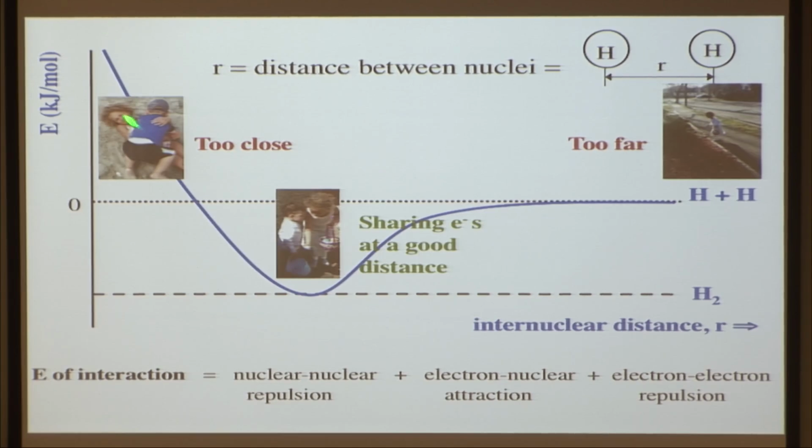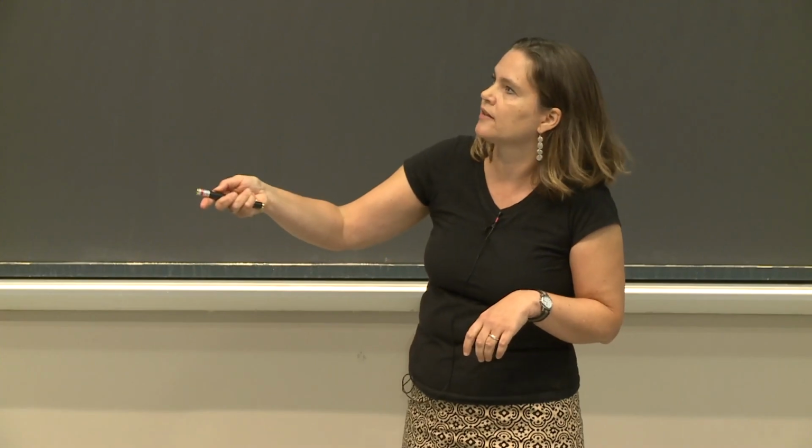So we go from too close to just right to too far away. So this distance here that has this minimum energy, that's the distance in which you have this really favorable interaction, this bond length. That's the bond length between those two hydrogens right here.